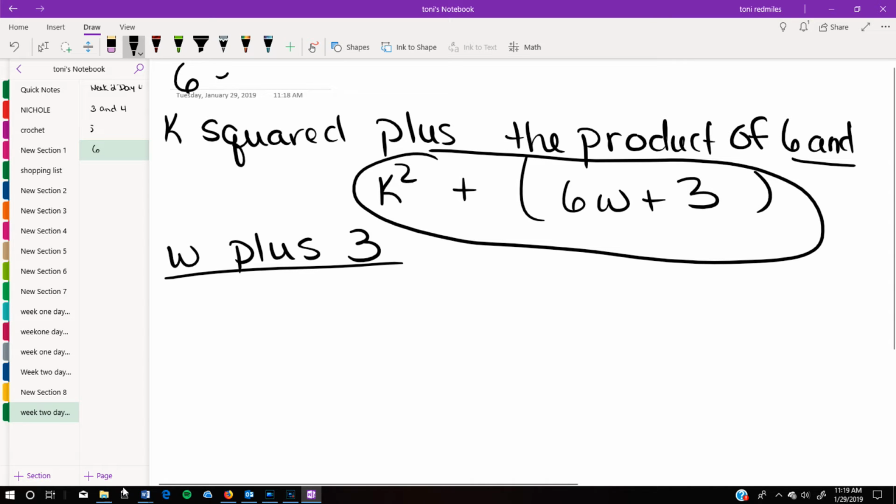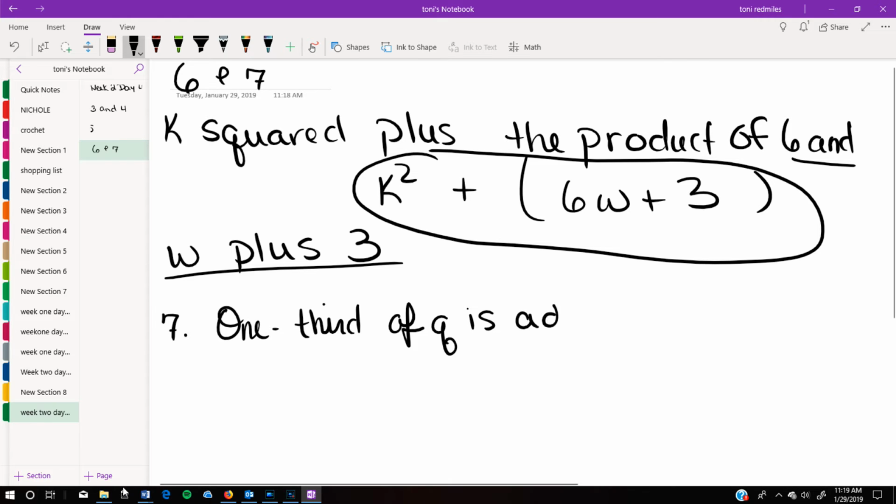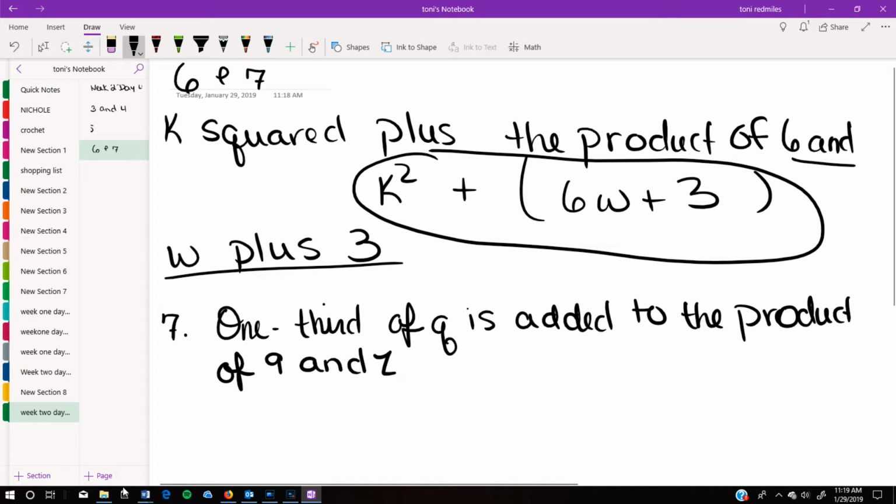Alright, let's go ahead and do 7. We've got enough room. Okay, 1/3 of Q is added to the product of 9 and Z. Okay, so 1/3, I know that's a fraction.